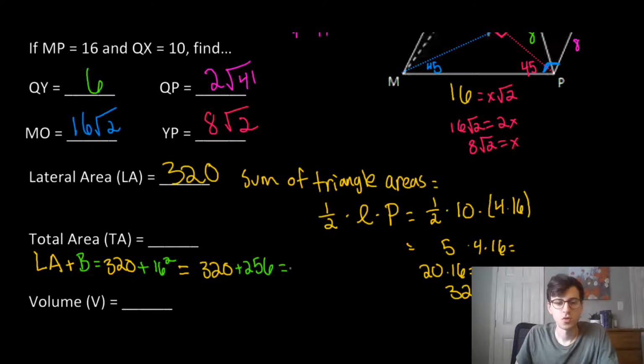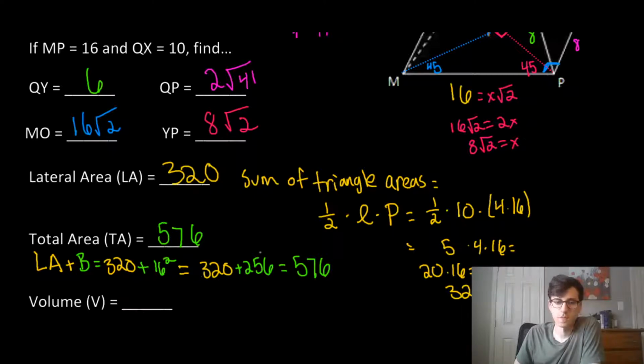Finally, which equals 576. So my total area then would be 576 units squared. So we've got the lateral area, we've got the total surface area.